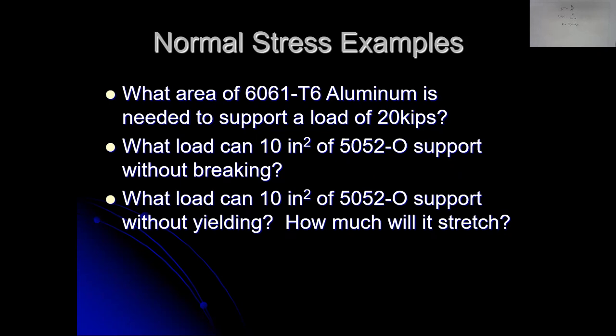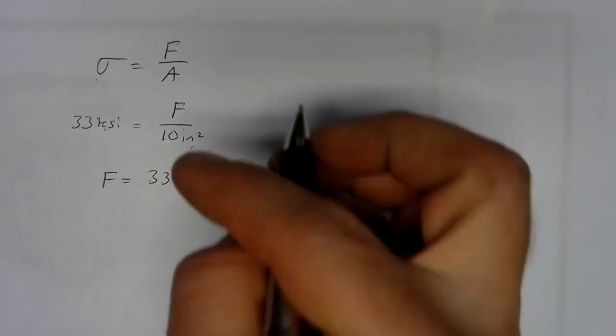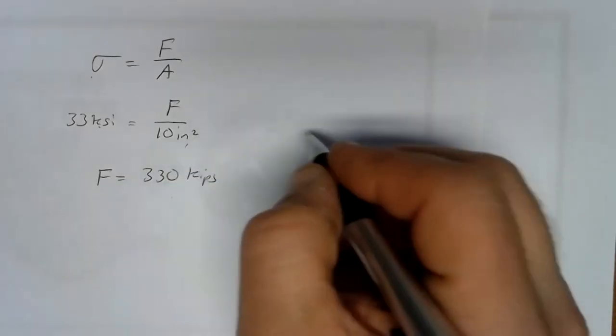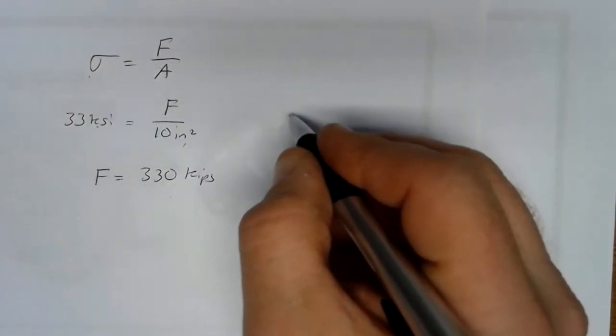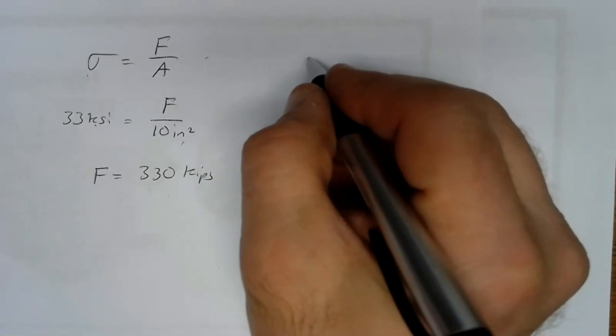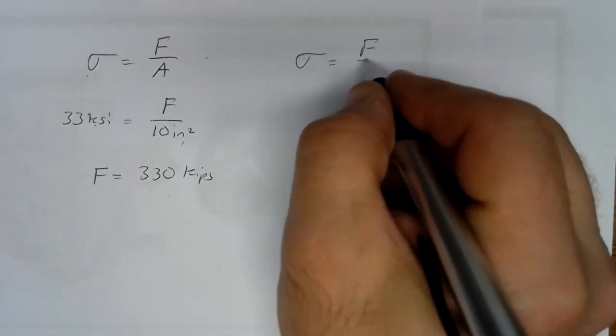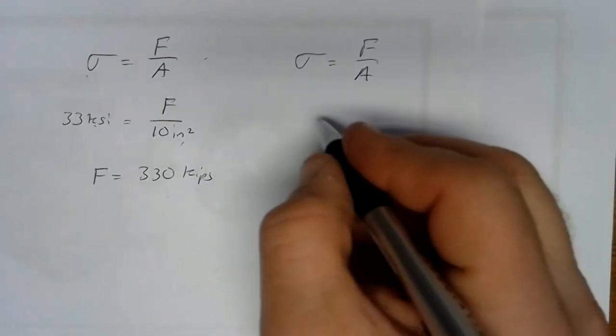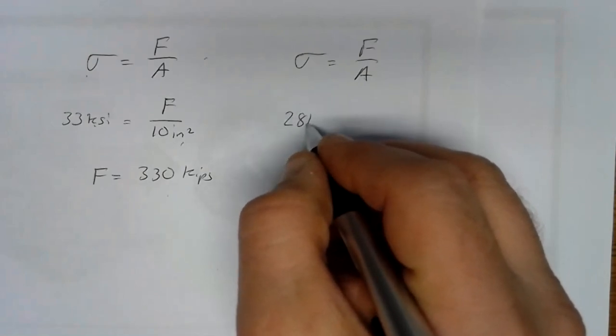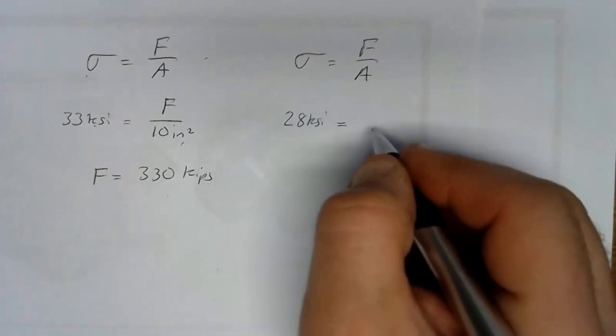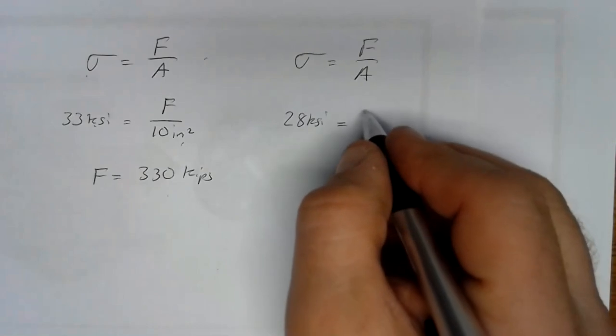We still have 10 square inches, but now we want a lower stress, the yield stress. So instead of 33 KSI, we're still going to use the same equation. Stress is force over area, normal stress. 28 KSI is the yield stress.